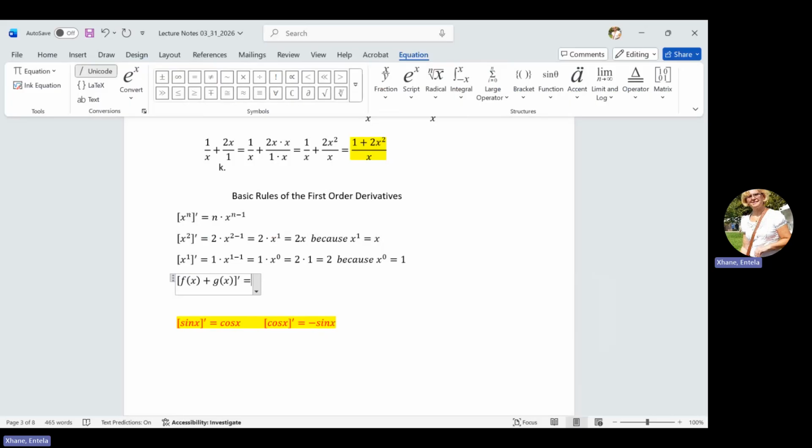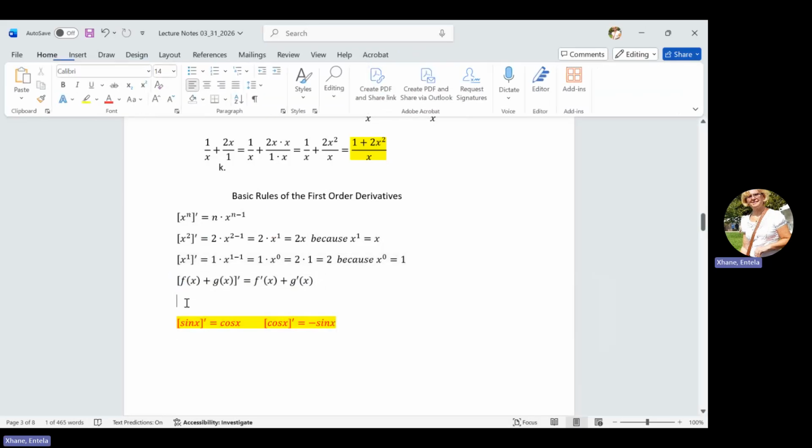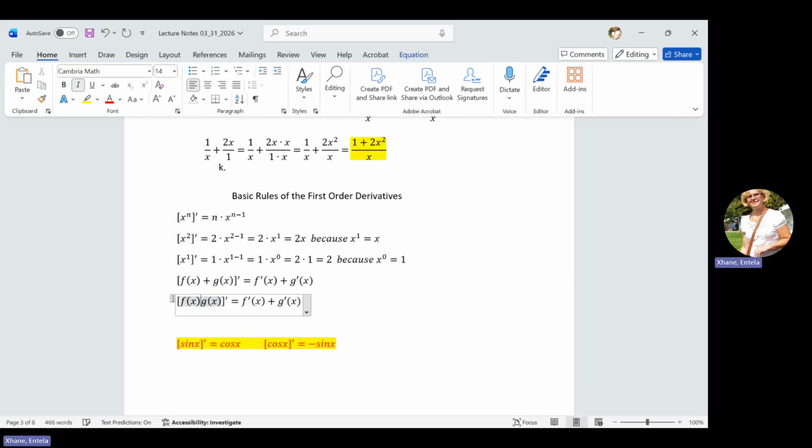You can write this as f prime of the variable x plus g prime of the variable x. Now we can mimic this particular rule for the difference between the two functions, but the sum and the difference, so this is summation.